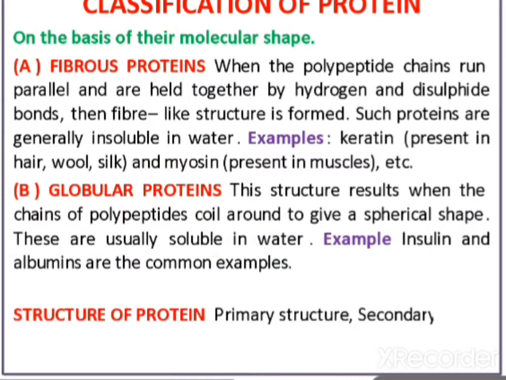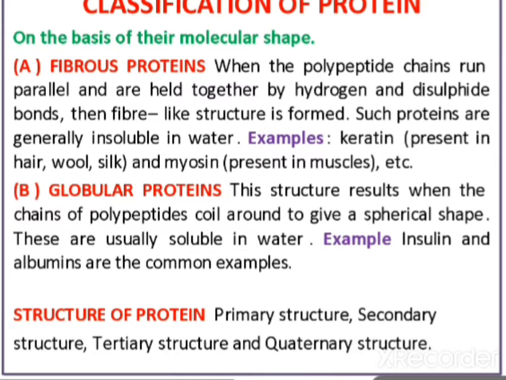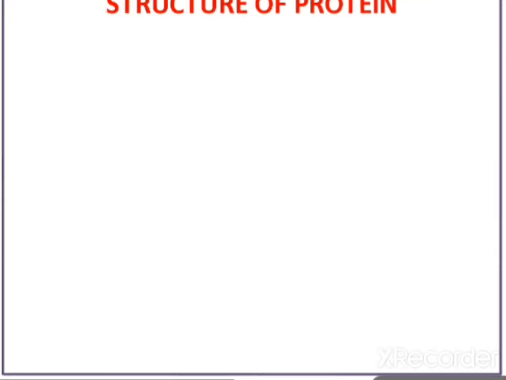Structure of protein. Now the structures of protein are primary, secondary, tertiary, and quaternary structure. Let's see the primary structure first. What will happen in primary structure?